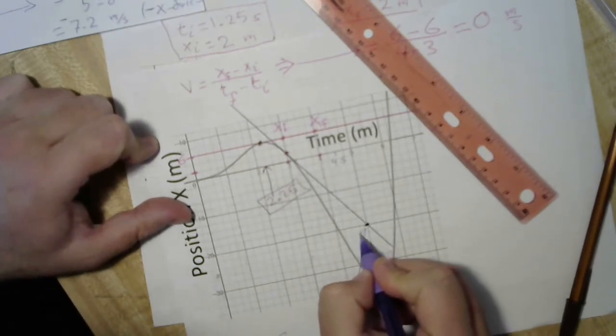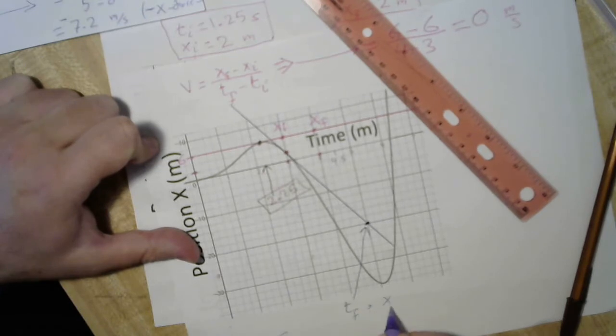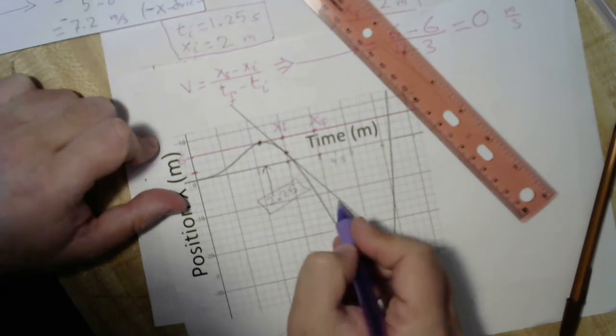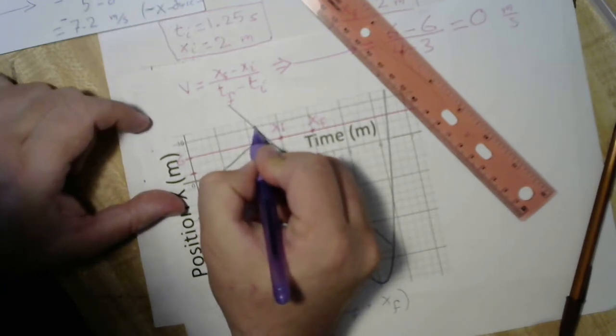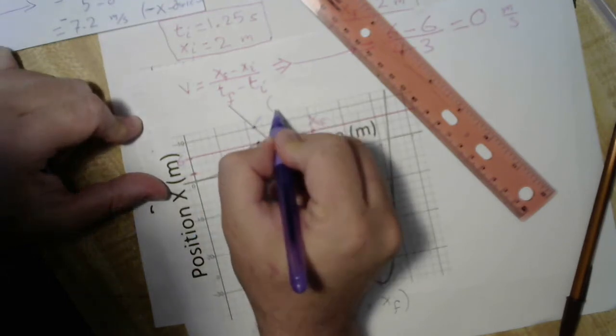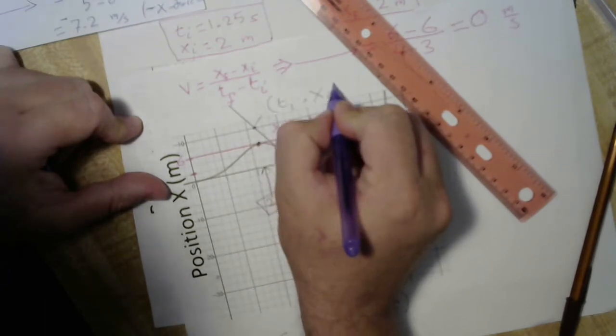I will take it as t final and x final. I can choose this one, and take it here as t initial and x initial.